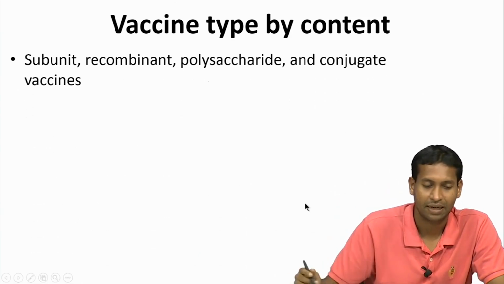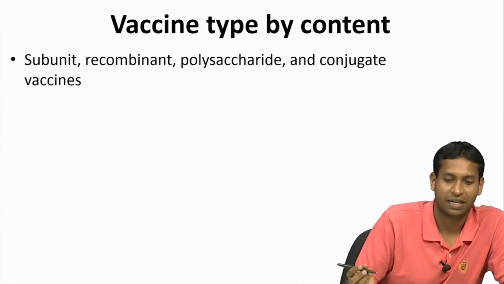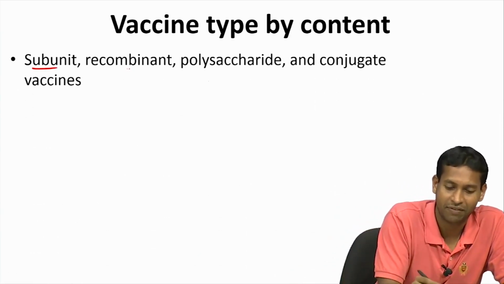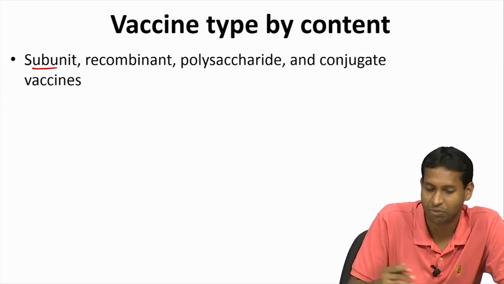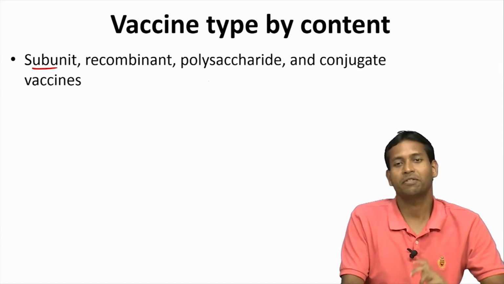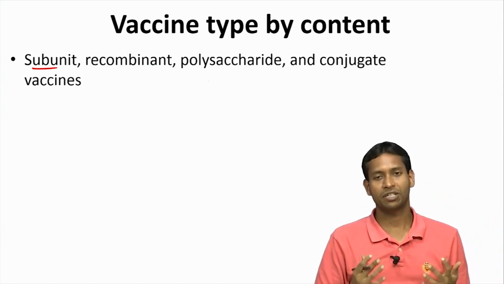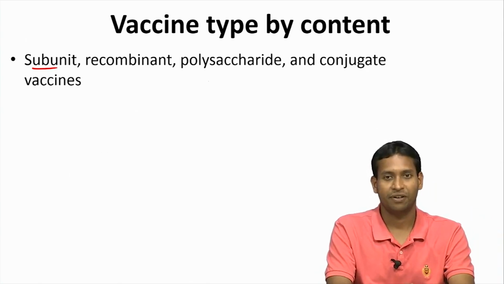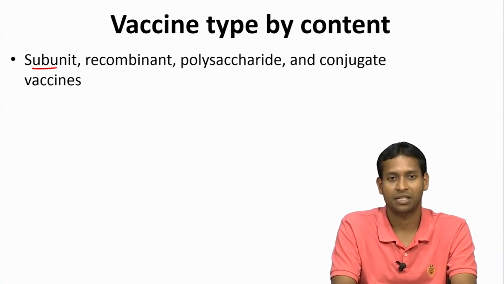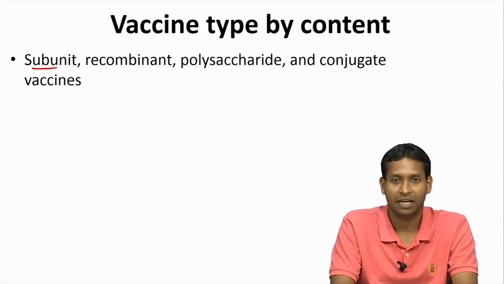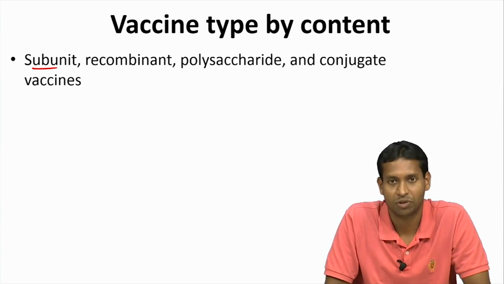So let us look at another type of vaccine by content, and this is subunit vaccines, which sometimes could be recombinant, polysaccharide, or conjugate vaccines. Unlike the previous two cases, bioengineering was not really involved much. If it is a live attenuated vaccine, all you are doing is taking the pathogen or the germ, heating it up or treating it with some reagent, and injecting it. So there is really no bioengineering approach there.